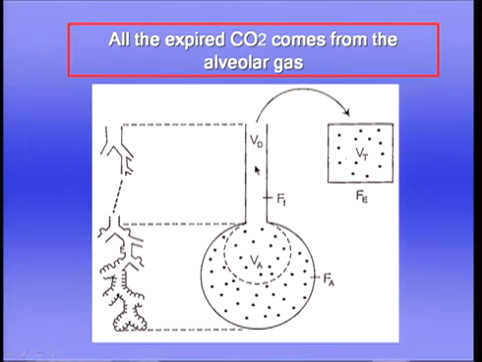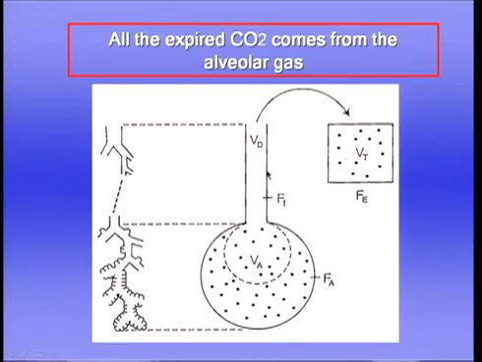But of course the dead space doesn't contain any CO2. You may say, why? Well, because the dead space contains the inspired gas from the previous breath left behind in the dead space. There are no alveoli in the dead space, no gas exchange. Indeed, that's why it's called dead. And so there's no CO2 here. So all the CO2 in the expired gas comes from the alveolar compartment.